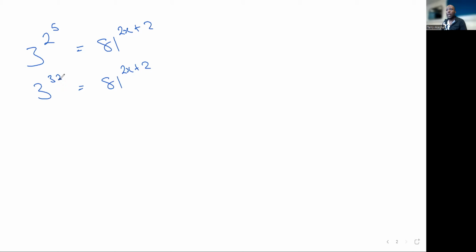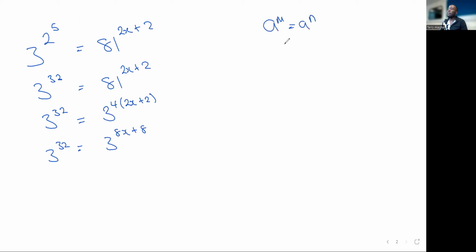So 81 is 3 raised to the power 4, so 3 raised to the power 32 will be equal to 3 raised to the power 8x plus 8. I remember I told you a raised to the power m is equal to a raised to the power n, therefore m must be equal to n. Equality law, right? That's law 11.